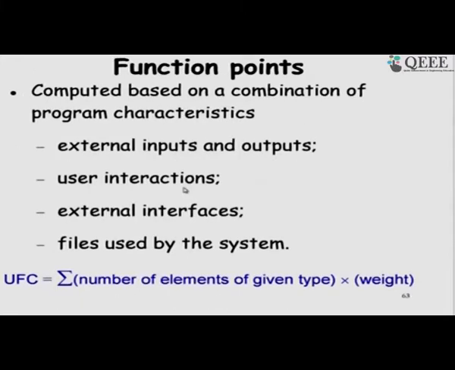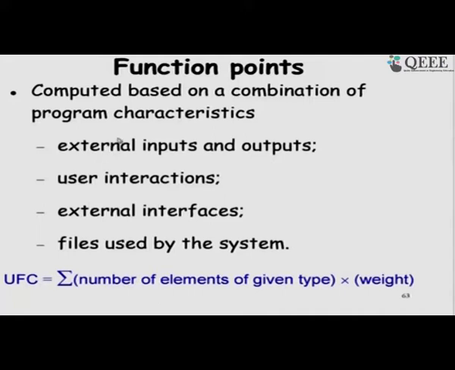So, as I was saying, there are 5 parameters that we can identify from the requirements. One is the external inputs. The external inputs are the data that is given by the user or by an external system that changes the state of the system. That means they get stored internally or modify internal data.